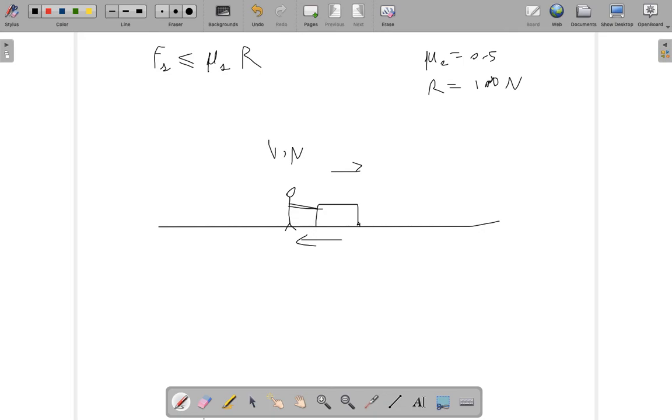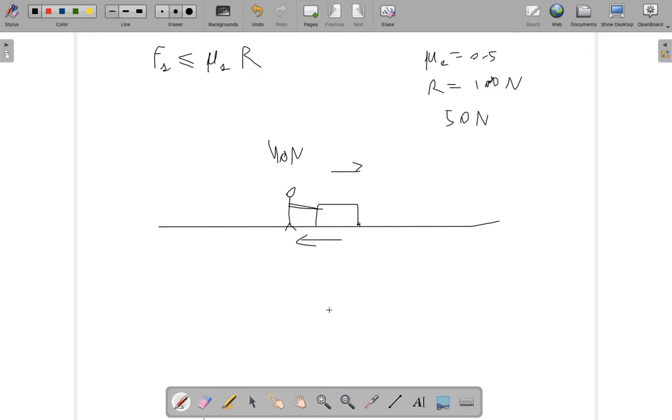Let's say 40 newtons. So our static friction acting against the motion would be equal to 50 newtons from our formula. Our 50 newtons acting backwards is larger than our 40 newtons acting forwards. This results in a net force of -10, meaning our block should actually move backwards, but it doesn't.